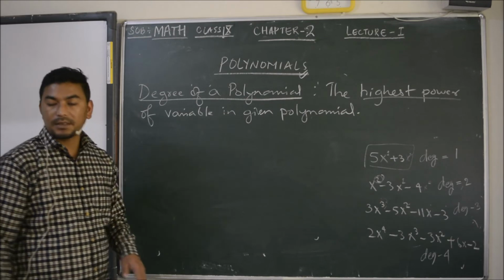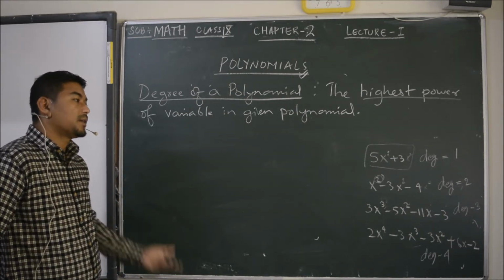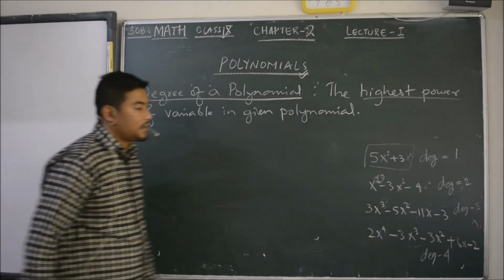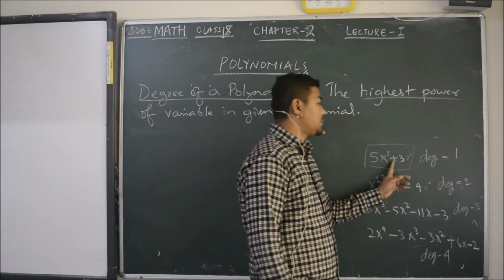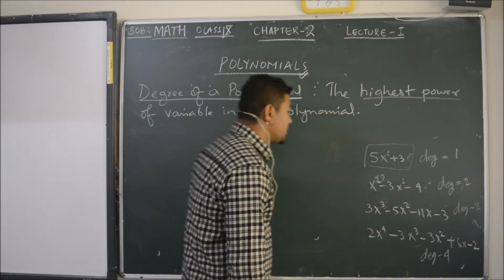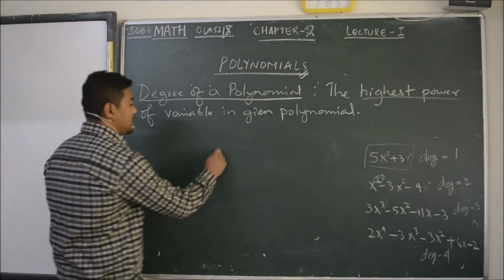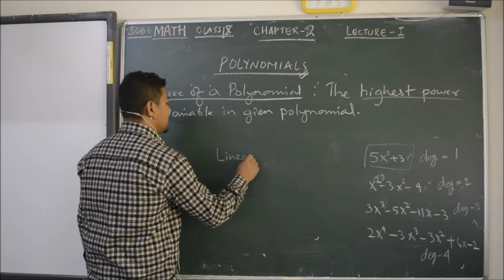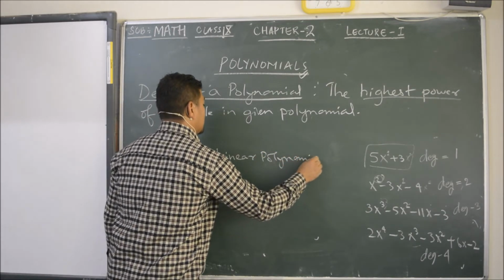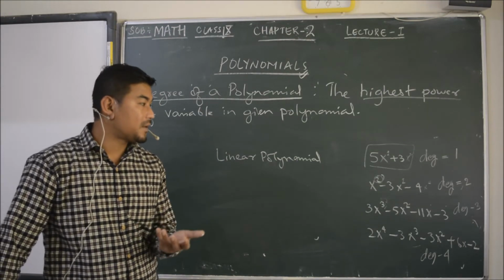Now on the basis of the degree of a polynomial, they can be classified in many ways. This polynomial has degree 1, so it is called a linear polynomial. Last time we classified polynomials on the basis of number of terms.